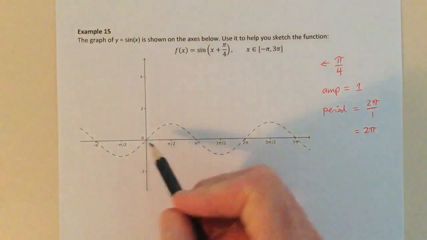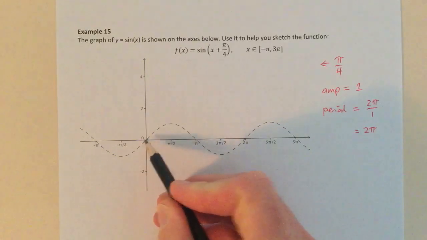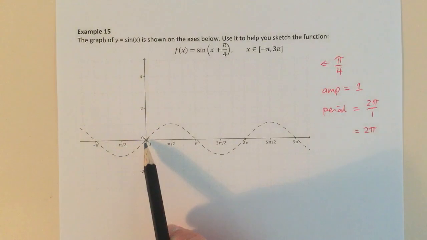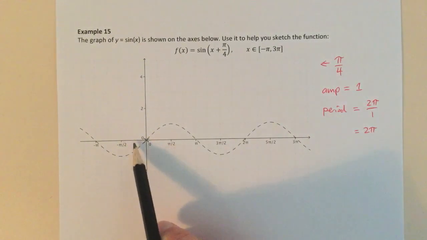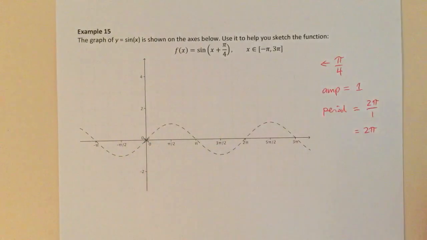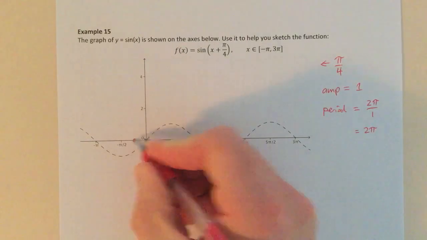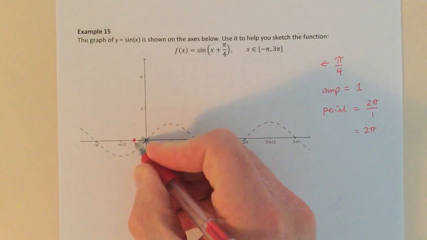So beginning from the origin, this point here is actually going to translate pi on 4 units to the left, and if we look carefully at our grid lines, each little grid line is pi on 4 units. So I want to mark my new points in red because that's what I'm going to draw the graph in. So this point here has just translated pi on 4 units to the left.